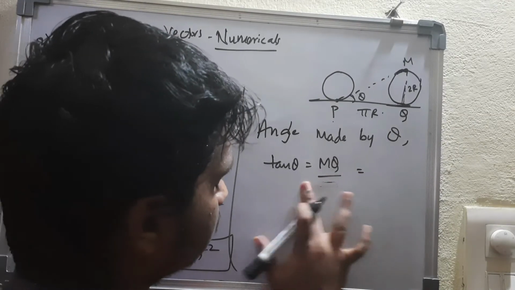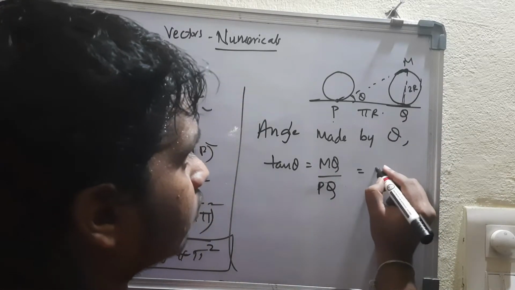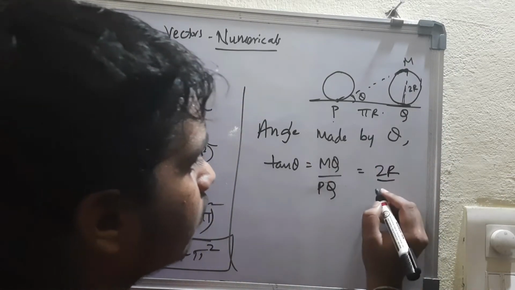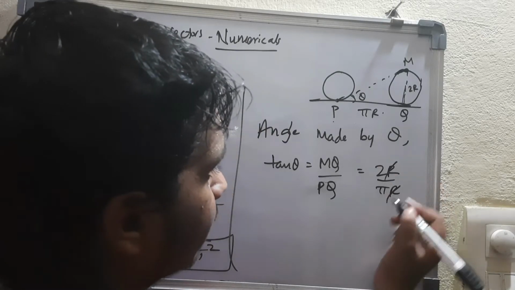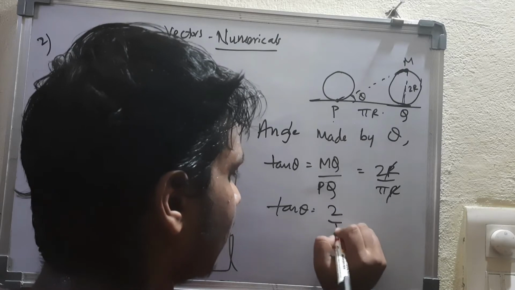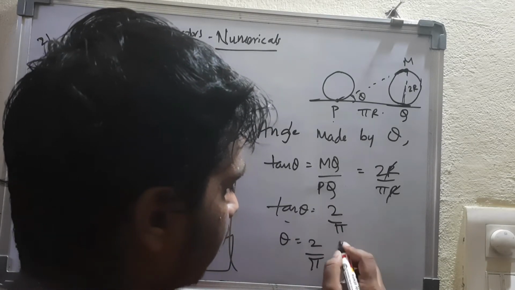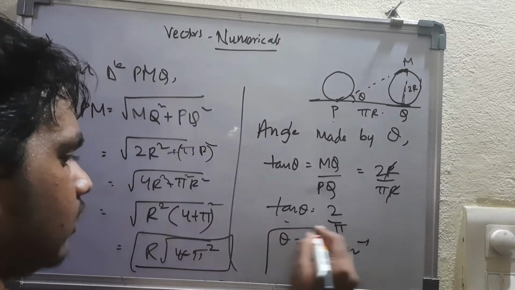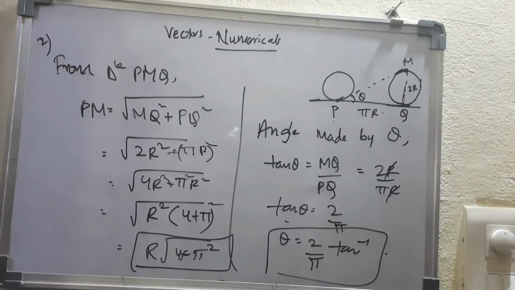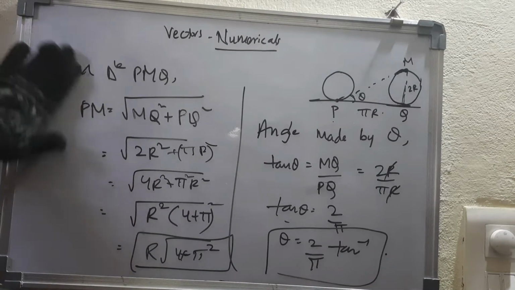R cancels, tan theta equals 2 by pi, theta equals tan inverse of 2 by pi. Okay, this is our first two questions.